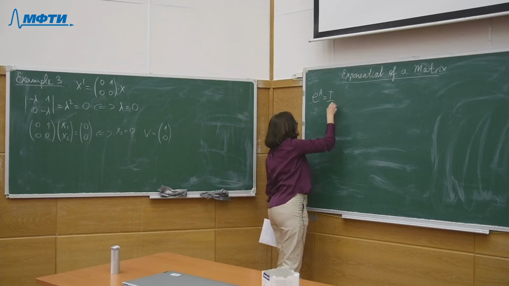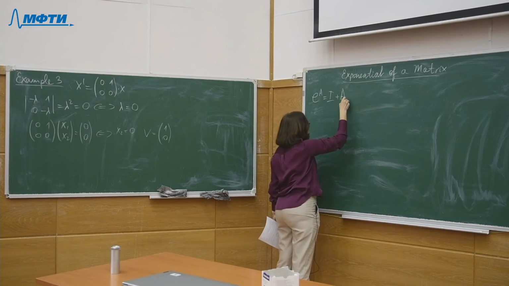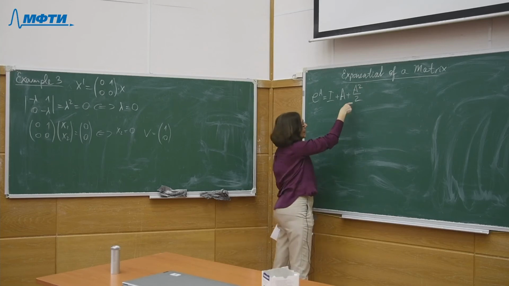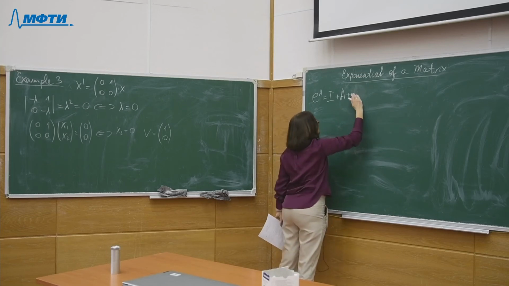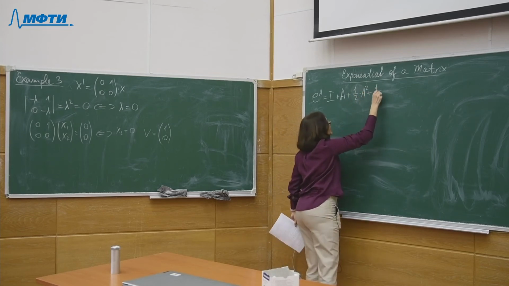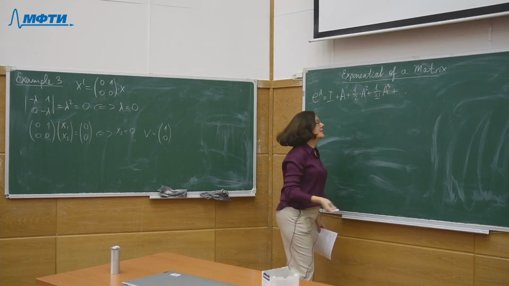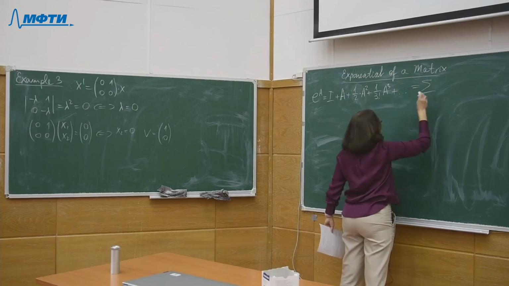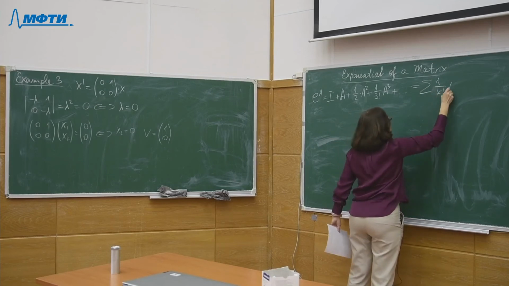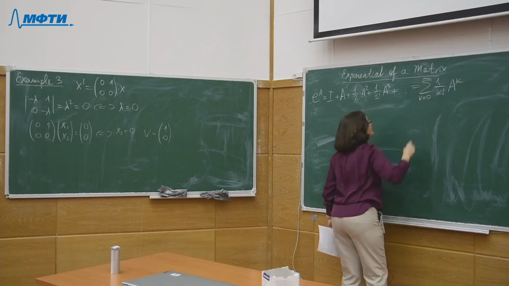We should take an identity matrix, then add A, plus 1/2 times A squared, plus 1 over 3 factorial A cubed, plus and so on. In compact form, it can be rewritten as the sum of 1 over k factorial A to the power k, where k runs from 0 to infinity.